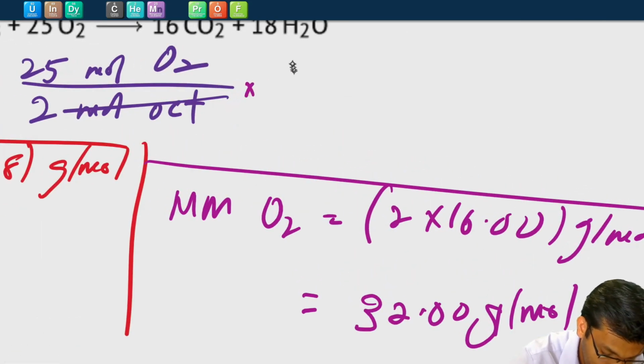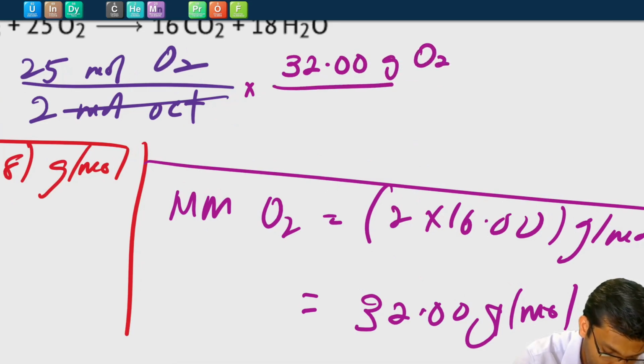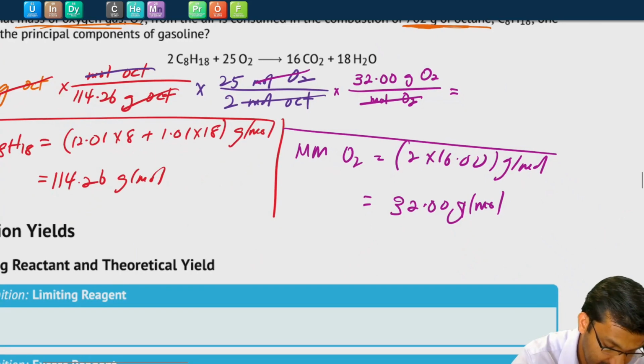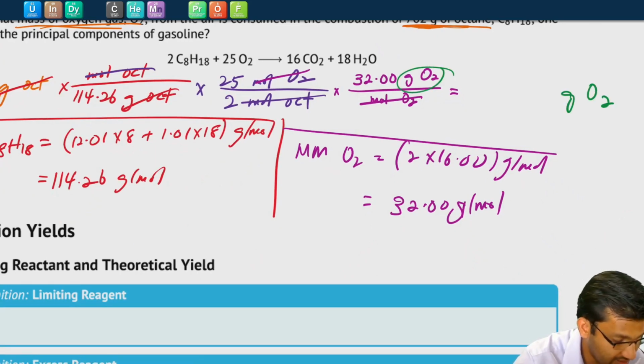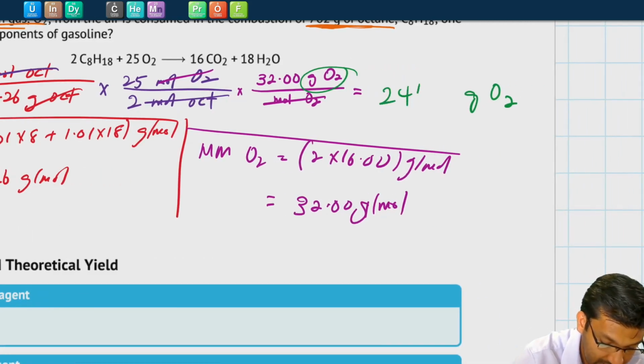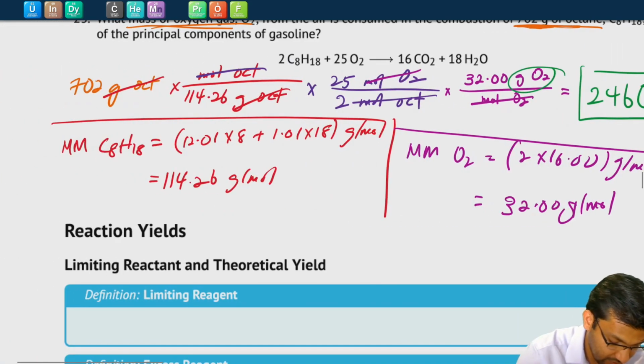So we're going to multiply by 32.00 grams of oxygen per mole of oxygen. So moles of oxygen cancel out, and we're left with grams of oxygen as our answer. If we plug all of these into our calculator, I get 2,460 grams to 3 sig figs, because we started with 3 sig figs over here.